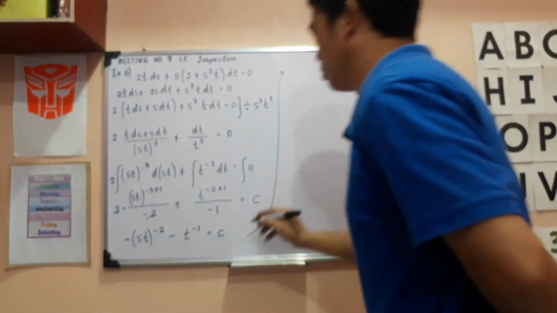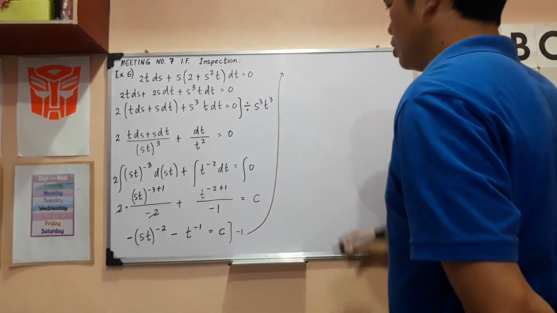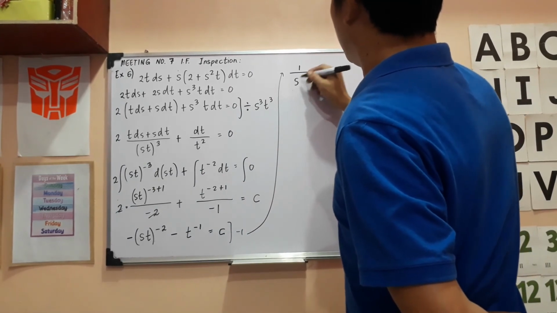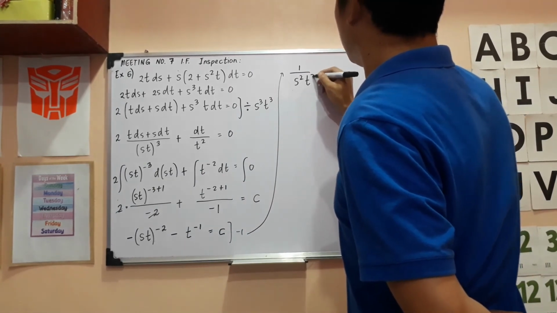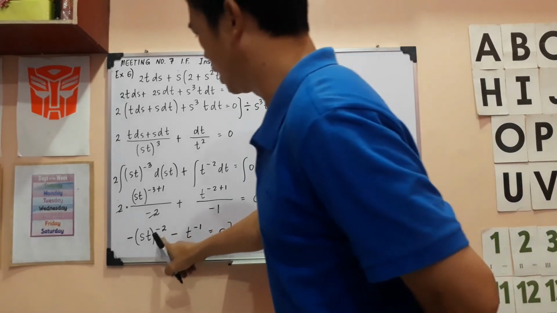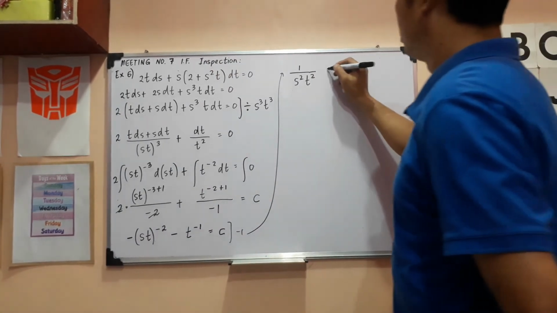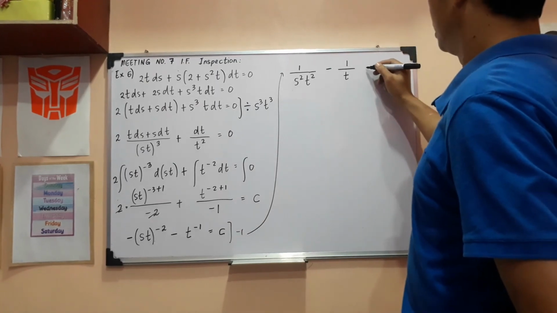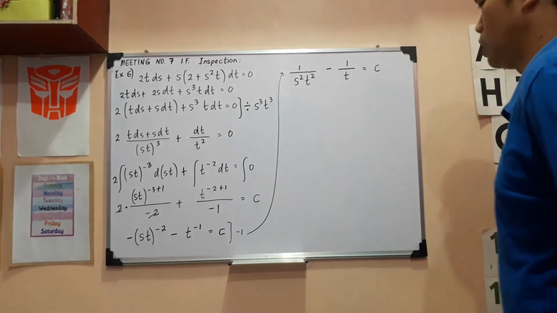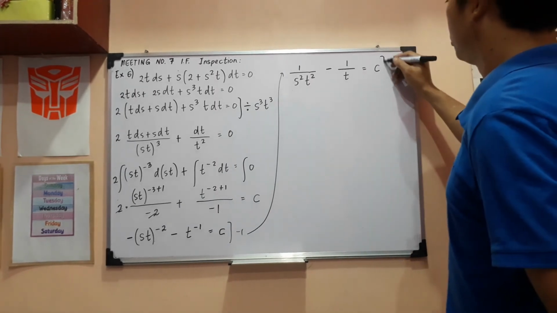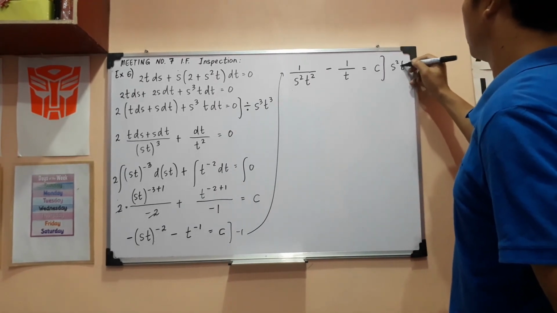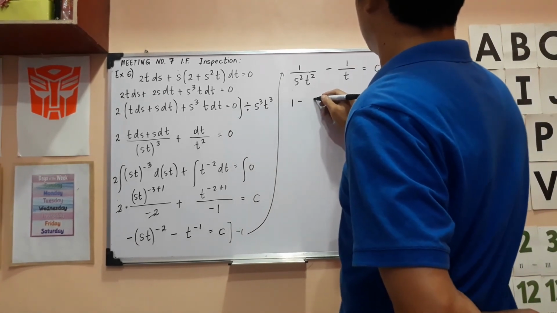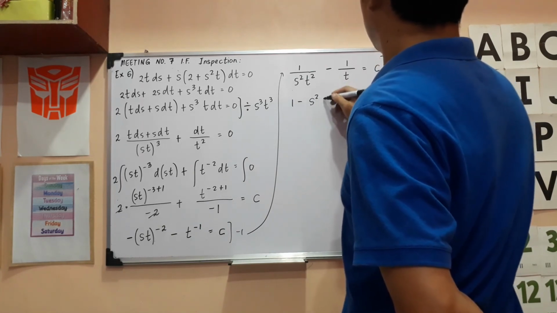So gawin natin multiply by negative 1. So I have here now 1 all over s square t square for this negative 2 dali sa baba minus 1 all over t. Okay? And then that is equal to c. Okay, now I will multiply this by s square t square. So para 1 and then minus s square and then t na lang.